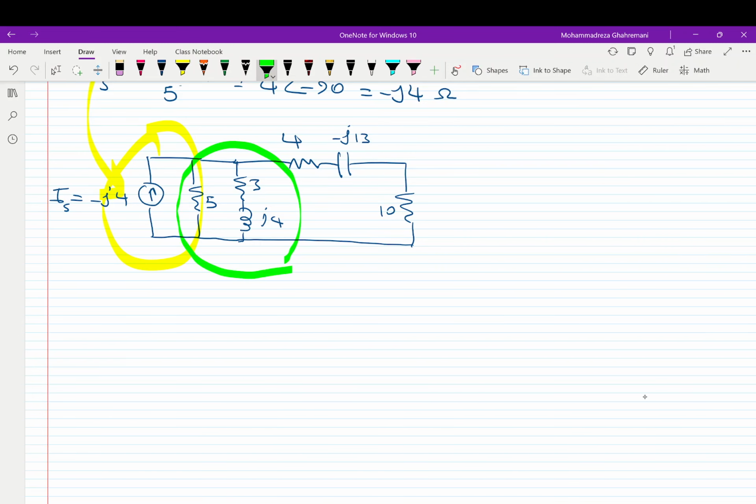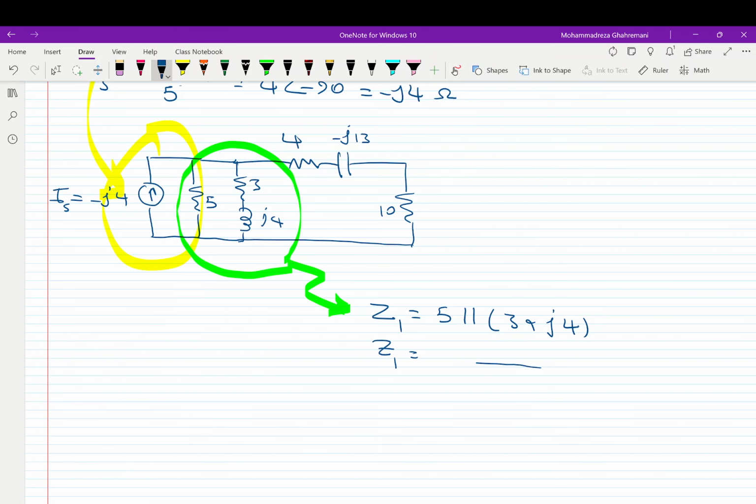Now in the next stage we see that this part of the circuit is in parallel format. So the 5 ohm resistor is in parallel with 3 ohm and j4. So we call it Z1. The Z1 is 5 ohm in parallel with 3 plus j4.